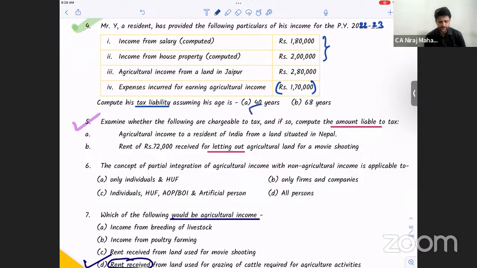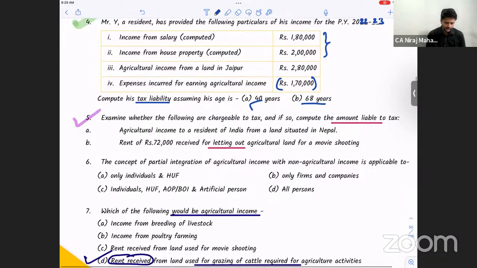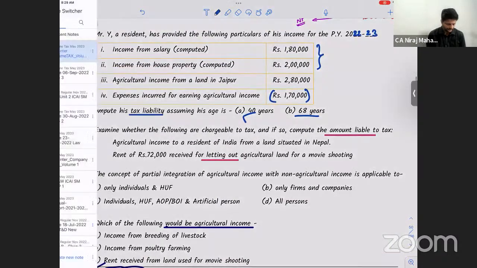In the first case, yes, more than 2,50,000. And at the age of 68 years, the basic exemption limit is 3 lakh, and still it is more than 3 lakh. So even that condition is satisfied. So in both the cases, the partial integration scheme will be applicable. Write it in your notebook.